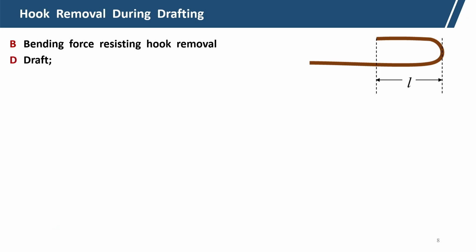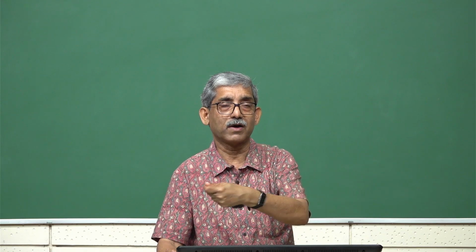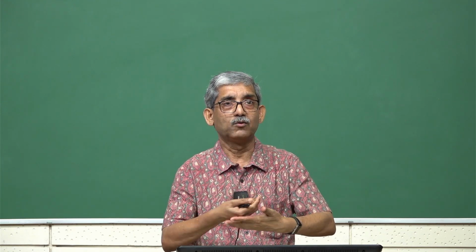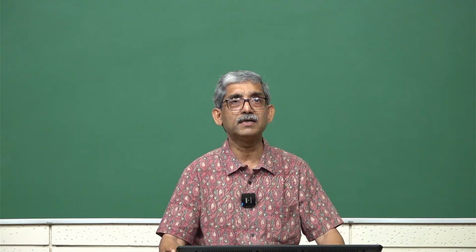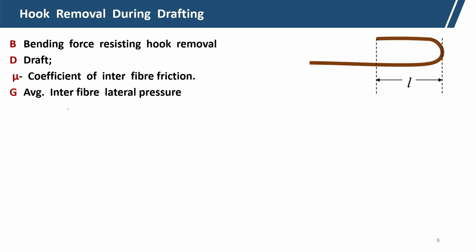The draft is D. Mu is the coefficient of interfiber friction, which is very important, because due to that interfiber friction the slower or faster moving fibers try to pull and the hook is being removed. G is the average interfiber lateral pressure. So, there must be some lateral pressure between fibers, otherwise the frictional force will not be generated.